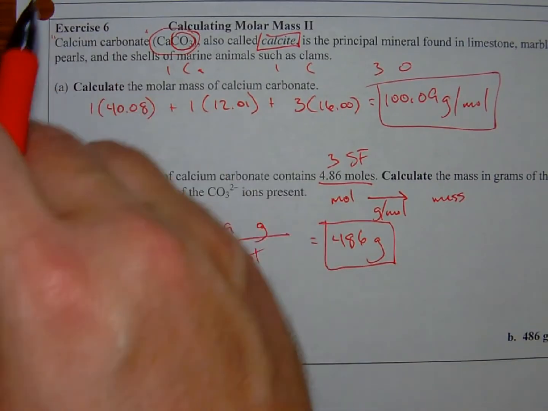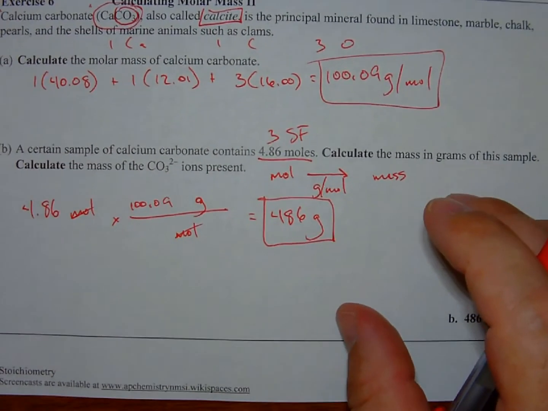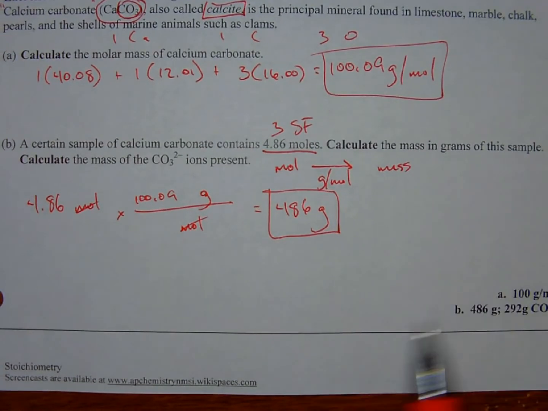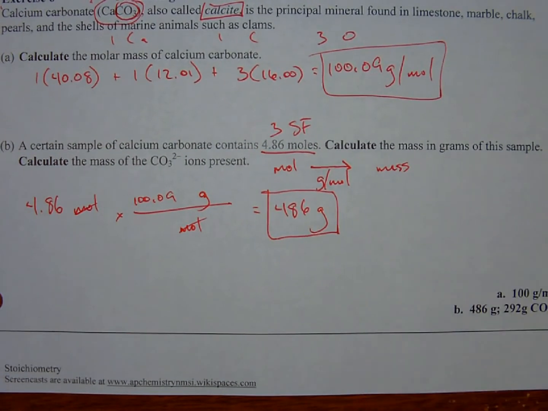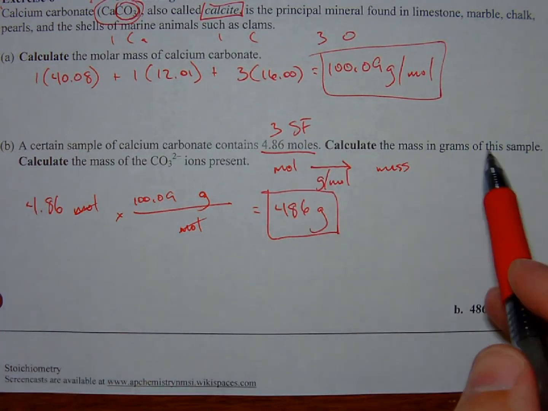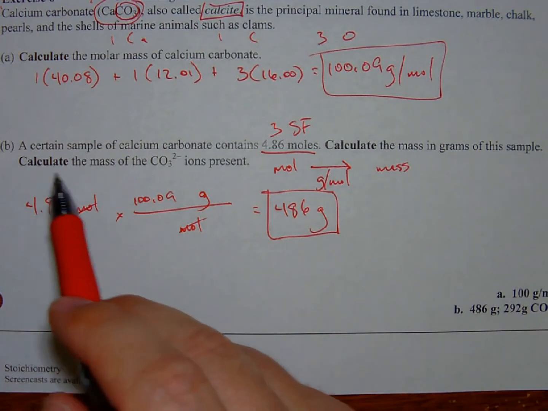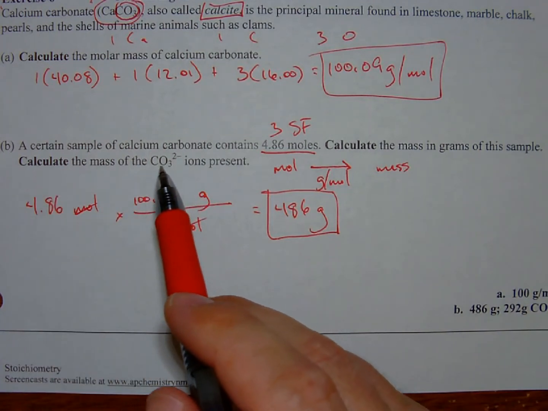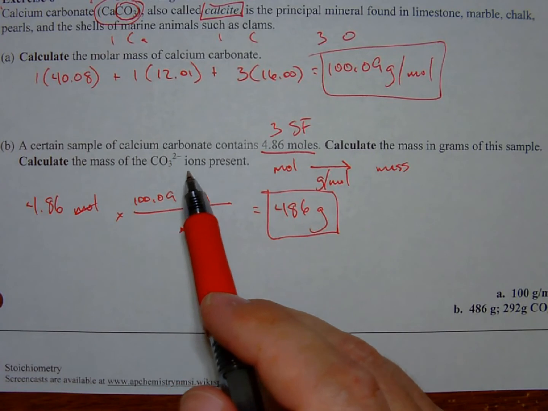Now, let's be really, really careful here, because B actually has 2 questions, and so if this was the AP exam, there would be 2 points available for portion B, which is fairly common that you can earn multiple points on one specific question. So we have calculate the mass in grams of the sample, then calculate the mass of the carbonate ions, the CO3 minus 2 ions.